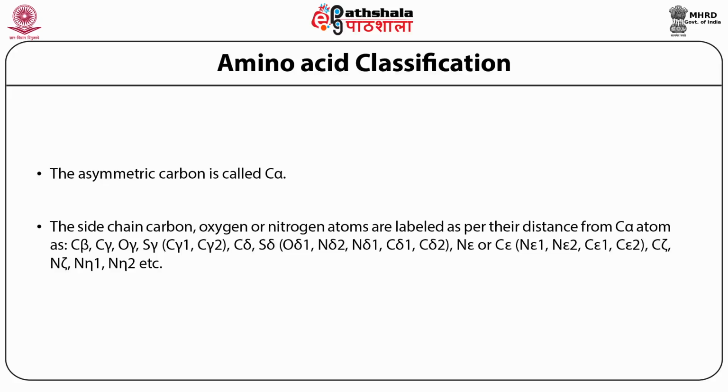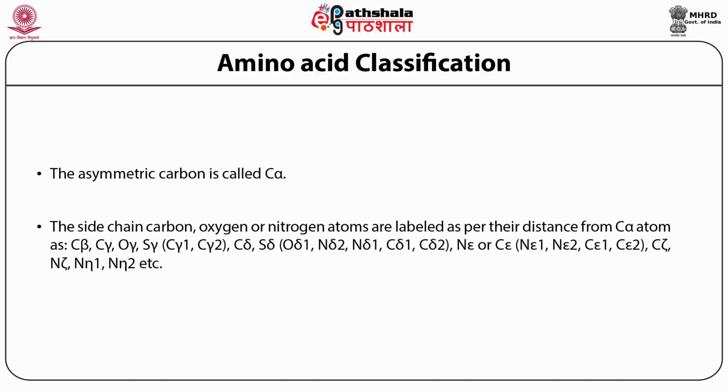Like the atom next to C alpha will be called C beta. Next to C beta will be called C gamma or O gamma or S gamma, or if there are two carbon atoms at the same position, they can be called C gamma 1, C gamma 2.